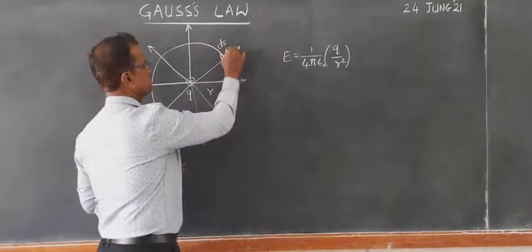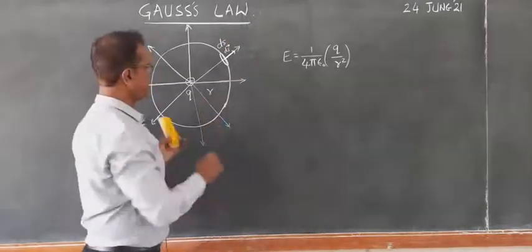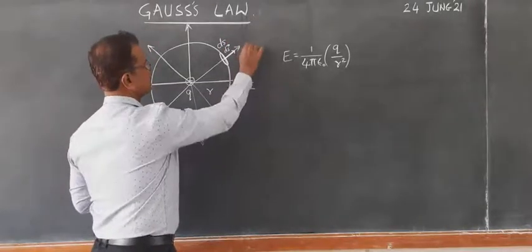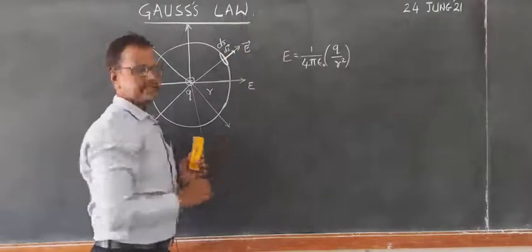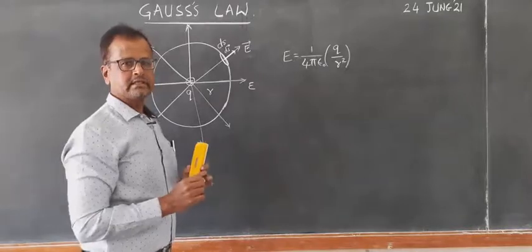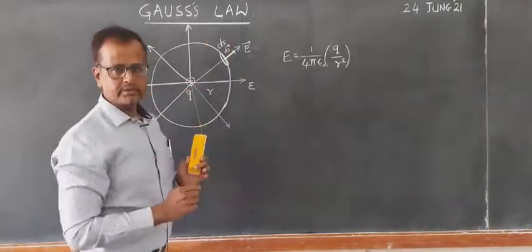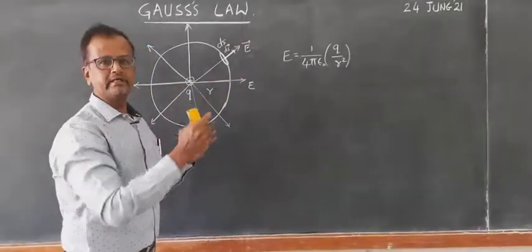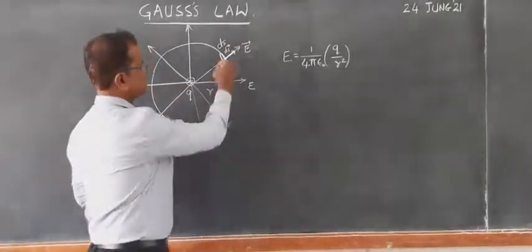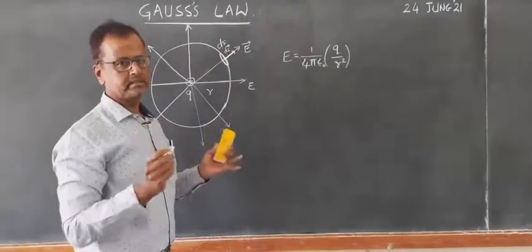Therefore, this becomes the ds vector. The electric field vector at this surface and the area vector ds are pointing in the same direction, radially outwards, because the electric field lines are radially outwards. So the angle between E vector and ds vector is 0.